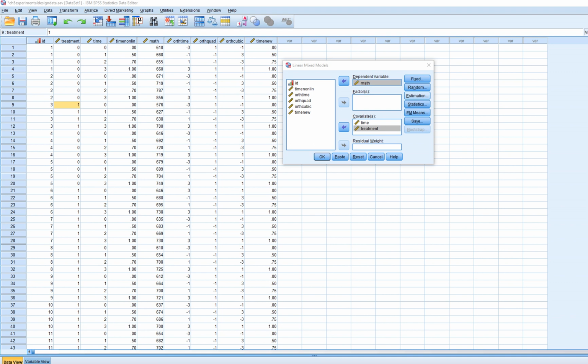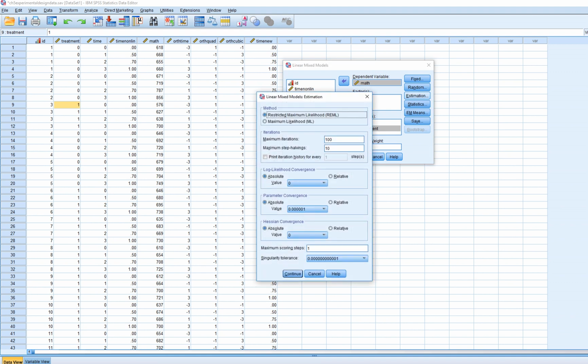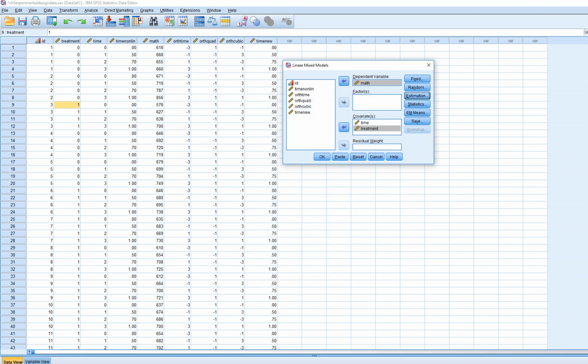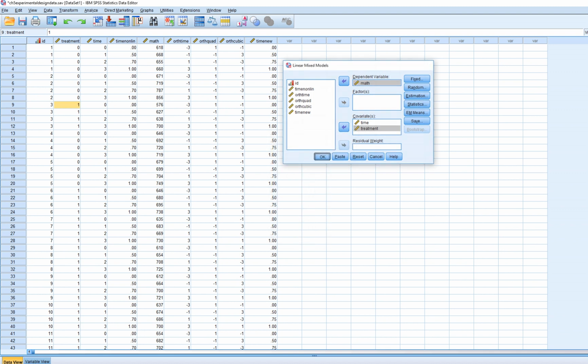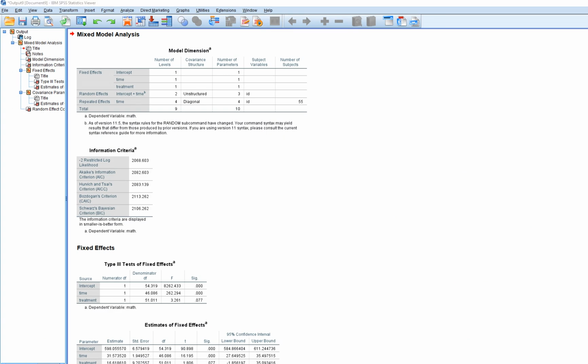Under estimation, we'll leave this as restricted maximum likelihood. Under statistics, we'll click parameter estimates, tests of covariance parameters, and covariances of random effects. When we click OK, you'll see that our model dimension table gives a layout of our model parameters. We have a fixed effect for the intercept, which is the grand mean of the students' initial status on their math scores.